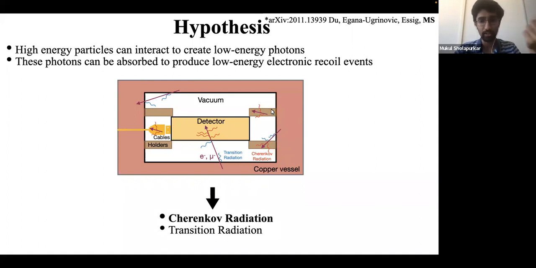They can interact with this material through very standard and very well-known processes, like for example Cherenkov radiation. And these processes can produce low energy photons. Then these photons can travel and can be absorbed to produce low energy electron recoil events. And our hypothesis was that at least some fraction of the events that these experiments have been observing can come from this mechanism.